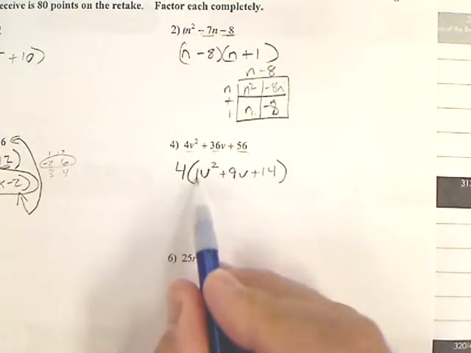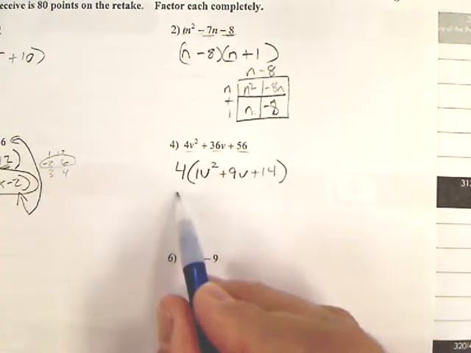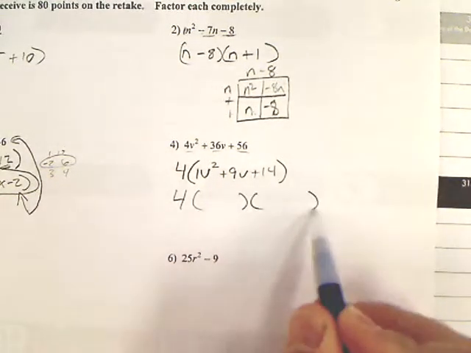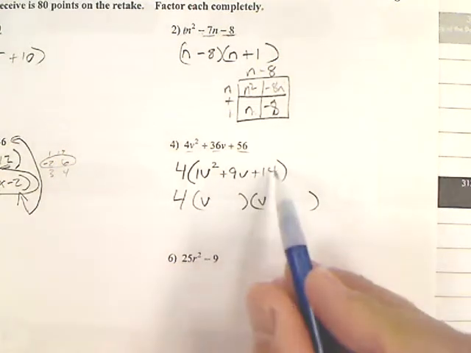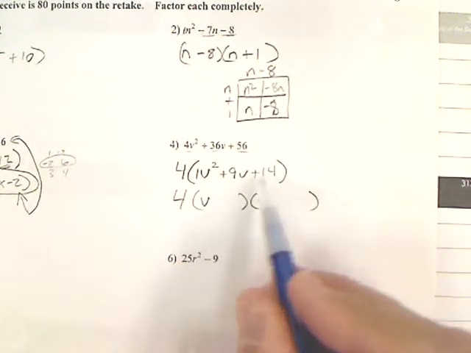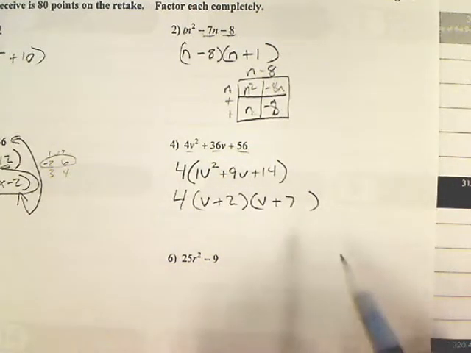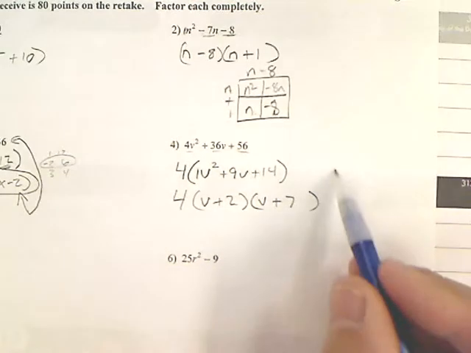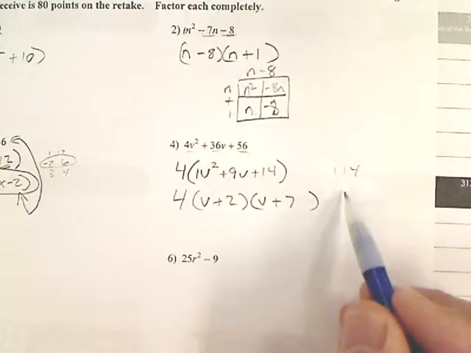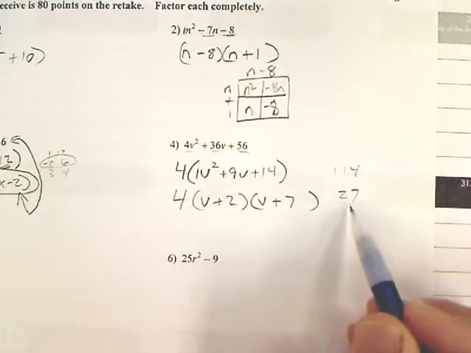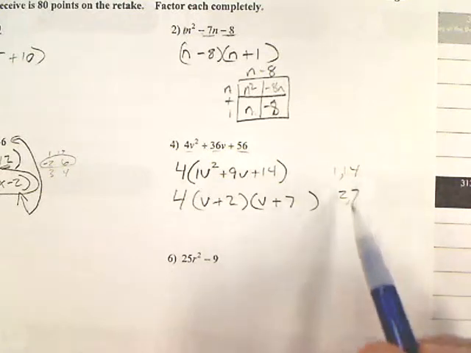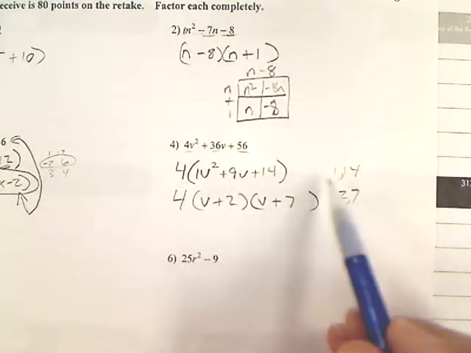Hey, look, there's a 1 in front of that v squared, so I can use the trick again. Two numbers that multiply together to be 14 and add together to be 9. And I just go through all the combinations. 1 and 14, 2 and 7. And then I look at, hey, when I add them together, am I going to get 9?